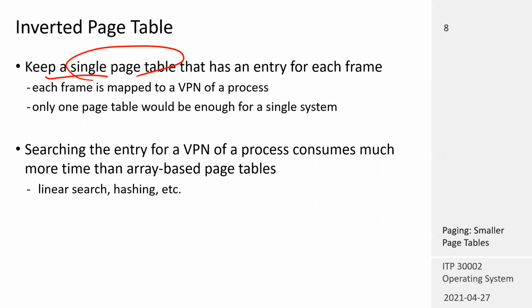But the drawback is what? We need to do some linear search or hashing to find the proper entry in the page table when looking up the frame number for a given VPN. So this is a more extreme form of sacrificing time efficiency to improve memory efficiency.